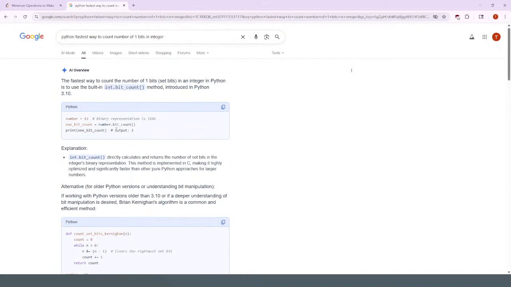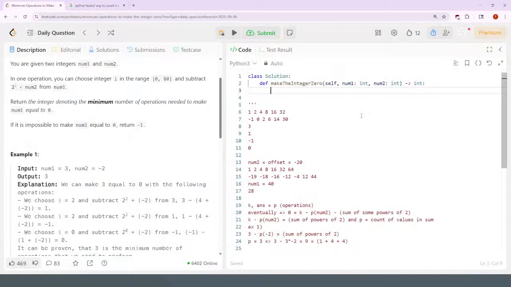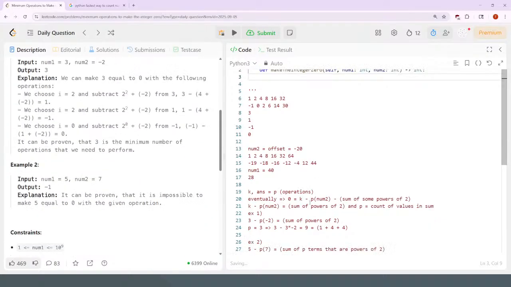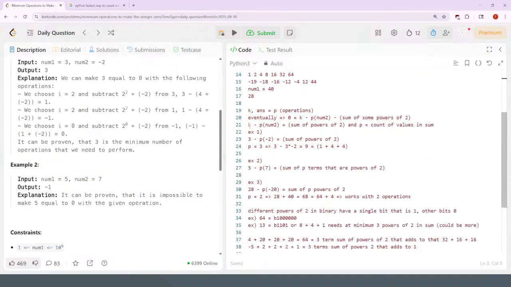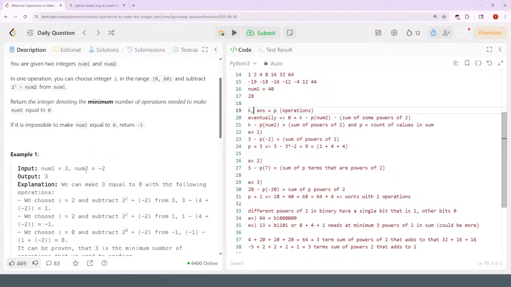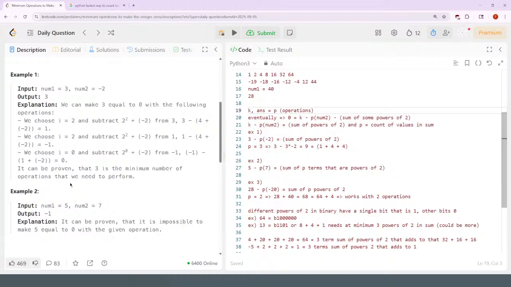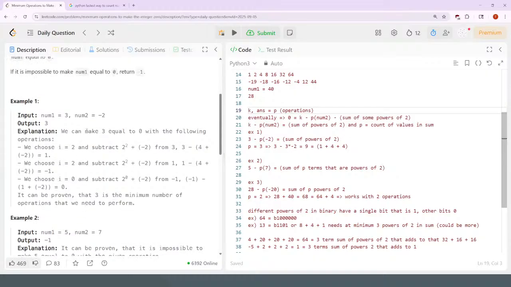Wonder how fast that is. Okay, but I think so. K is num1. No, K is num1. Yeah.